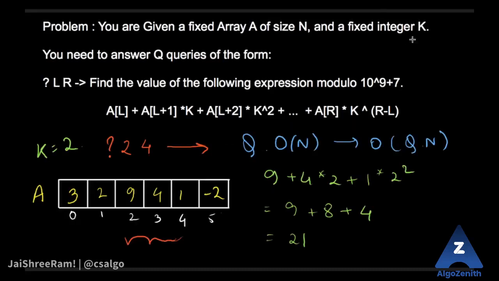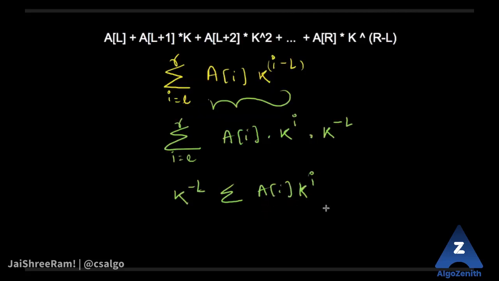This observation is important, because now we know all of these things are fixed: A of I, k, I, and it only changes from I equal to L to R. So what we can do is rename this into a new variable b of I, which is equal to A of I multiplied by k to the power I. Now this b of I variable can be found by just looping from I equal to 0 to n minus 1 in the array A and multiplying with the corresponding power of k. So this is a static array if A is a static array.